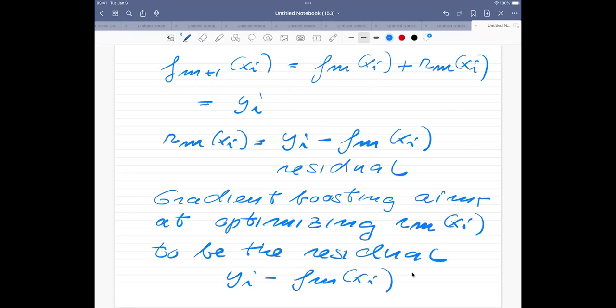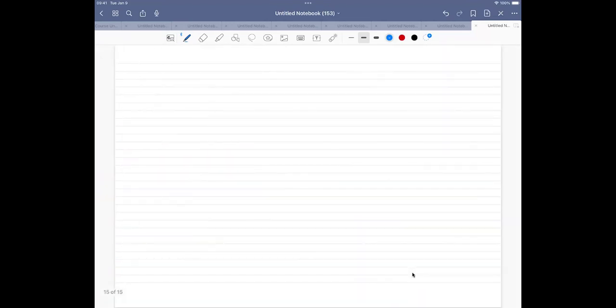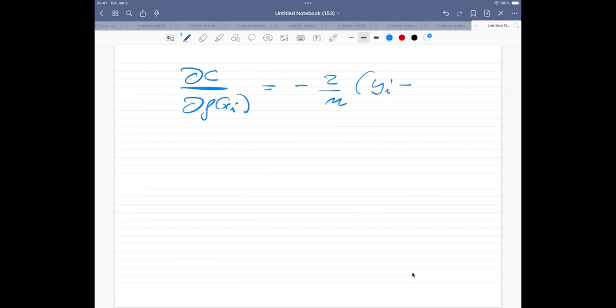So that means that if I now look at the function which I picked for regression here, what I would have is that dC over df of x of i is simply equal to minus 2 divided by n, and then y of i minus f of x of i.